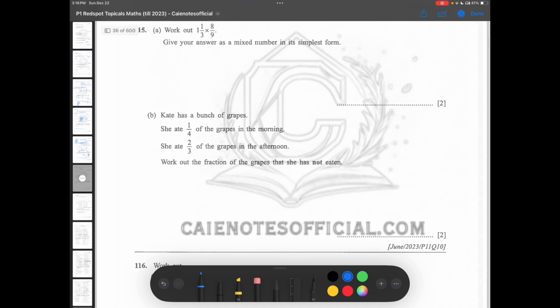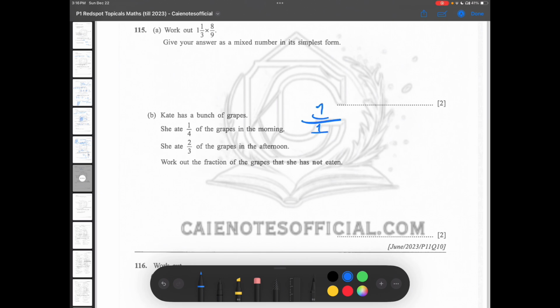Okay, let's do this word problem one. Kate had a bunch of grapes. She ate 1 upon 4 of the grapes in the morning. She ate 2 upon 3 of the grapes in the afternoon. Work out the fraction of the grapes that she has not eaten. So 1 upon 4 of the grapes she ate in the morning. The fraction of the total grapes will be 1, or you can write 1 upon 1.